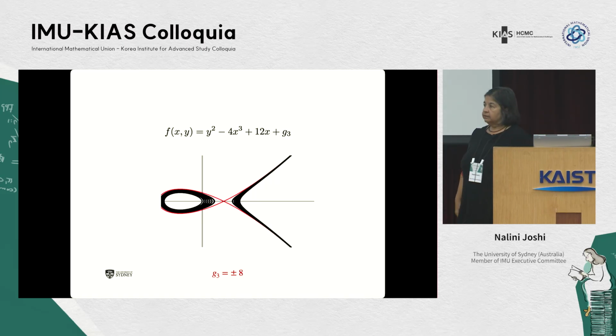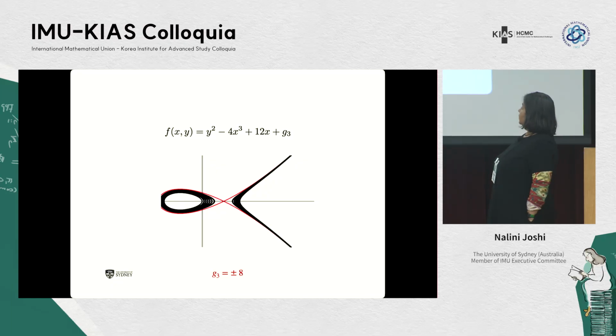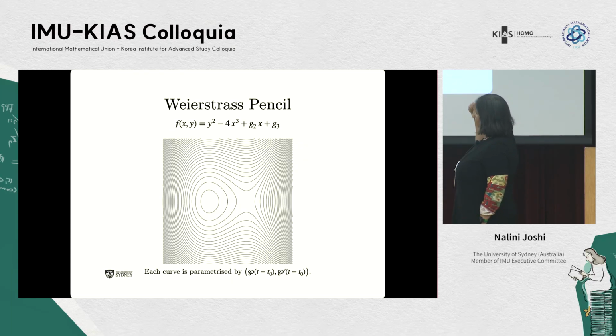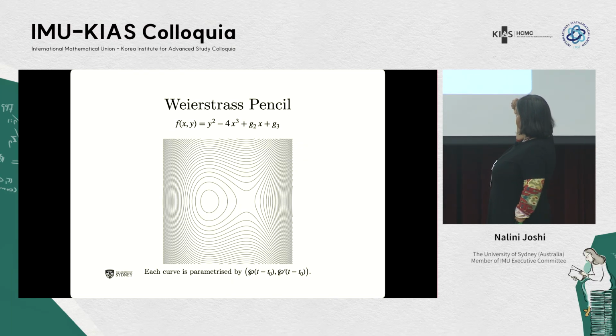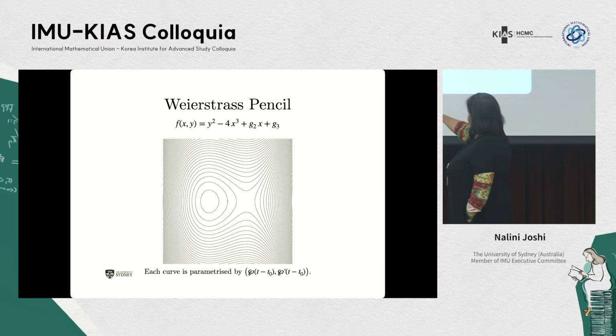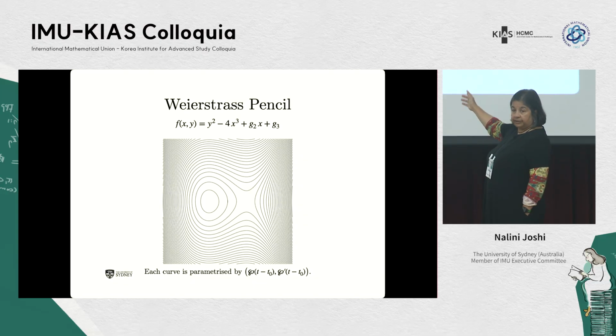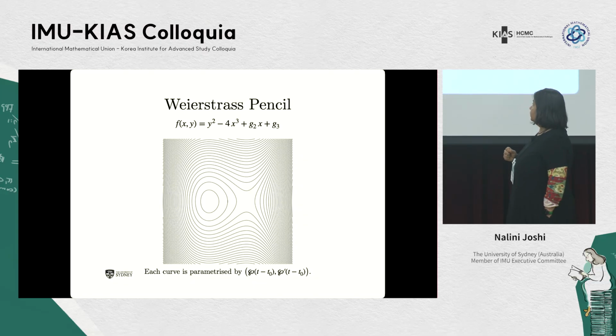And so here's another version of such a picture where I've fixed G2, not necessarily equal to minus 12 as in the previous slide, but now I'm allowing G3 to vary. Each time I pick a value of G3, I pick a curve, or a component of a curve, on this diagram, and a point on that curve is parameterized by this Weierstrass P function and its derivative, because of the differential equations I showed you earlier.